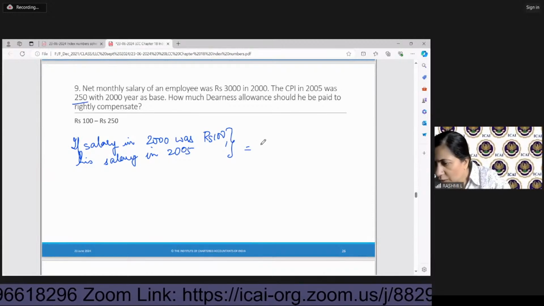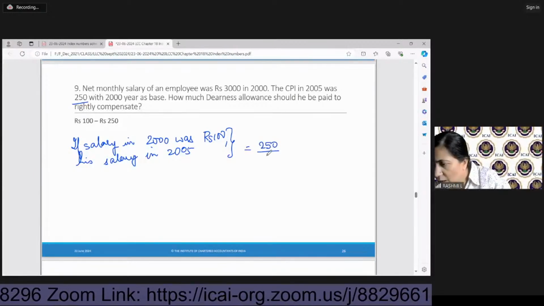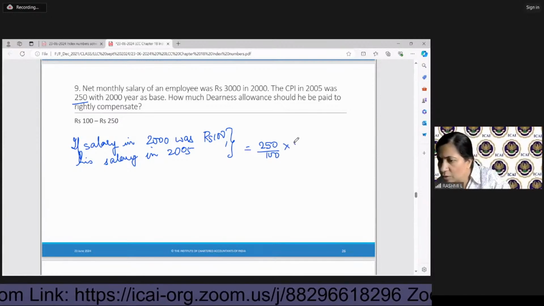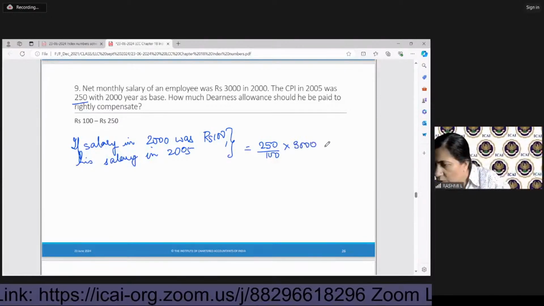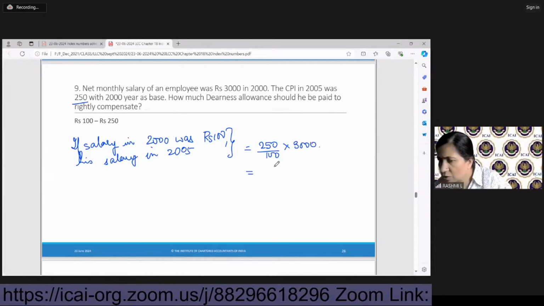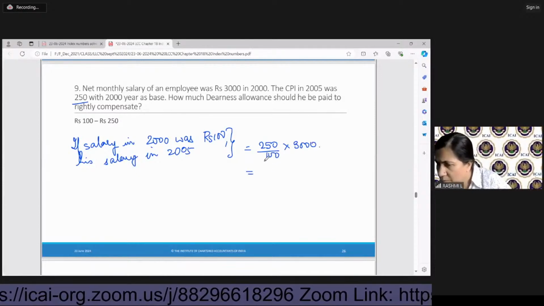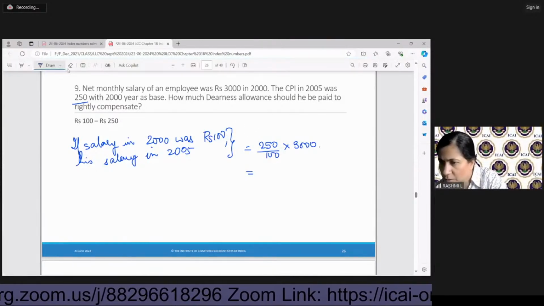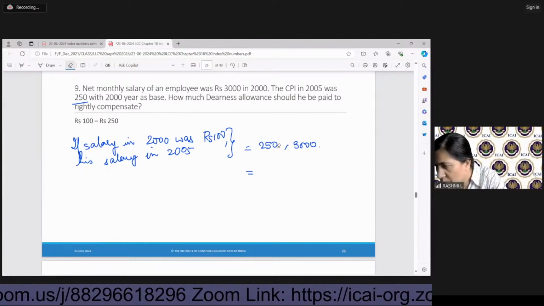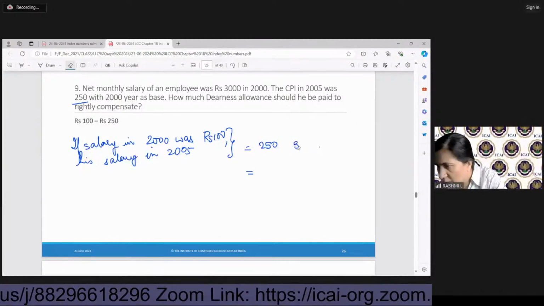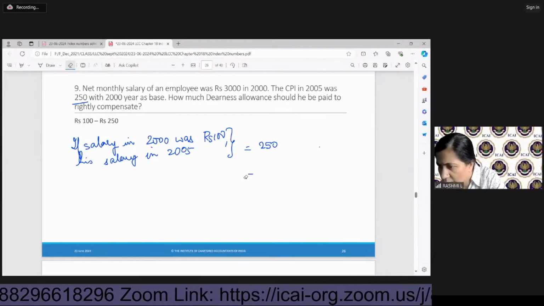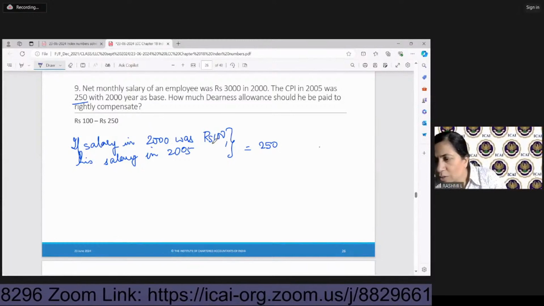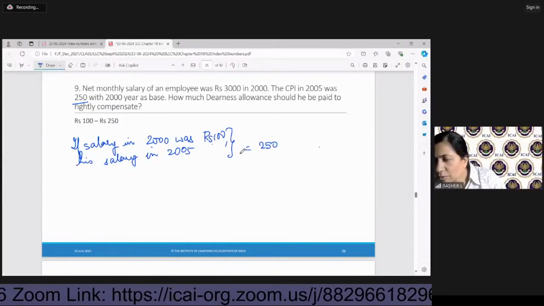The ratio is 250. So 250 upon 100 into 3000. So it should be how much? I will add the second step also. So if his salary in 2000 was 100 rupees, his salary in 2005 will be 250.